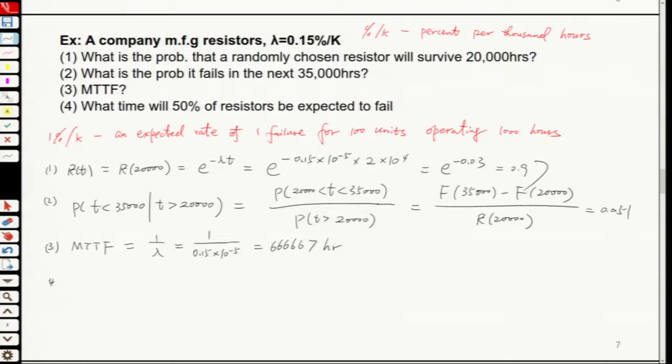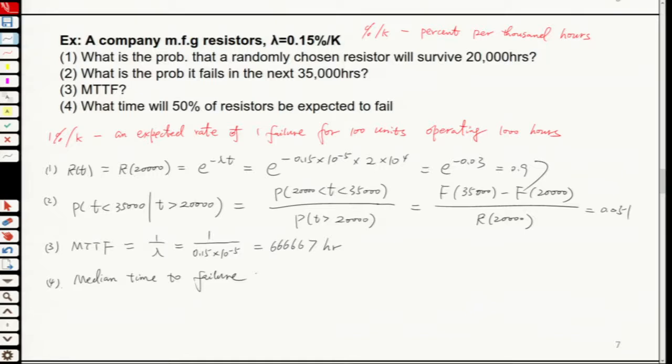Now, next one is median time to failure. What is median time to failure? It is the time at which 50% of the resistors are expected to fail. That means we are counting how many of them failed at that time.